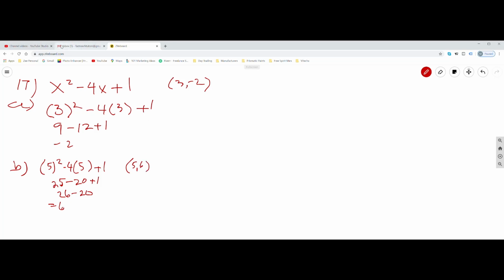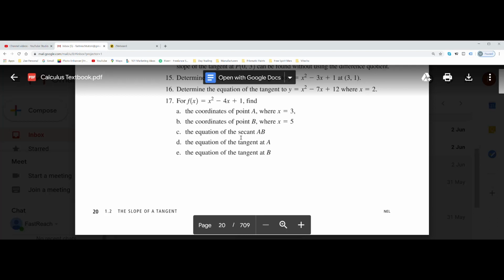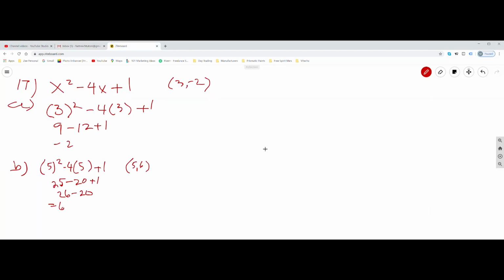So next question. The equation of secant AB. Since we know the 2 points, we can calculate the slope, which is y2 minus y1 over x2 minus x1. Let's take this as point 2.